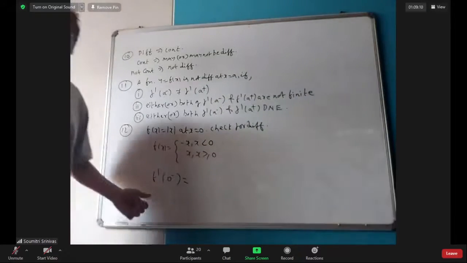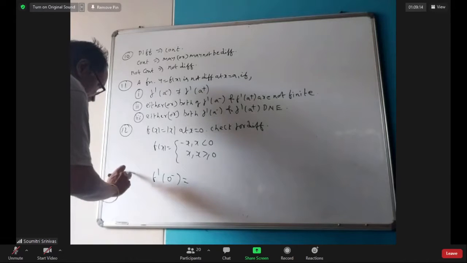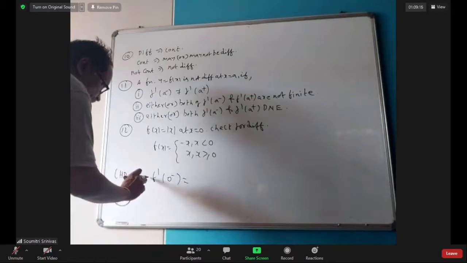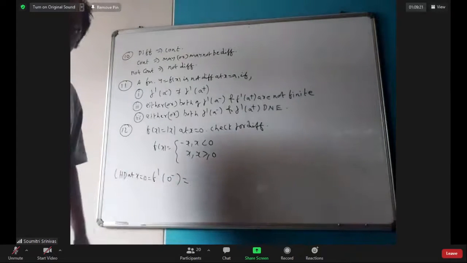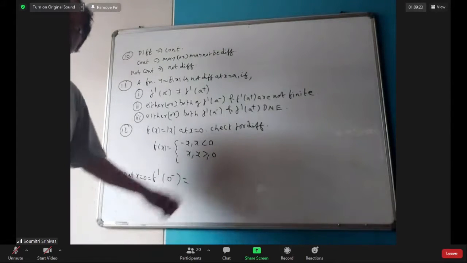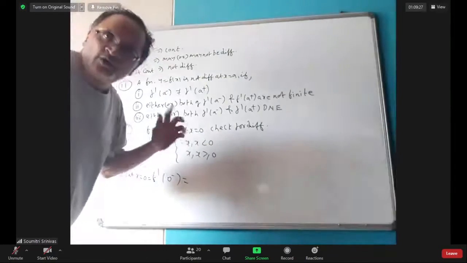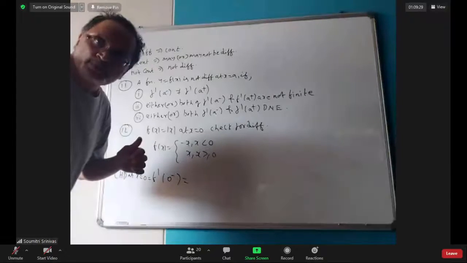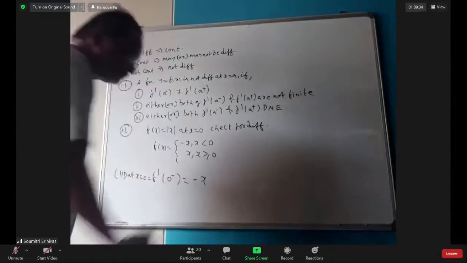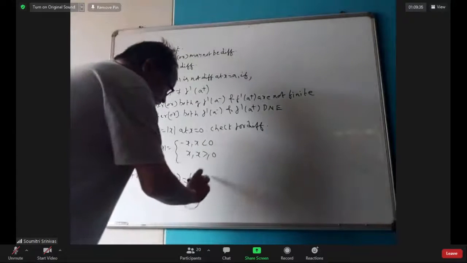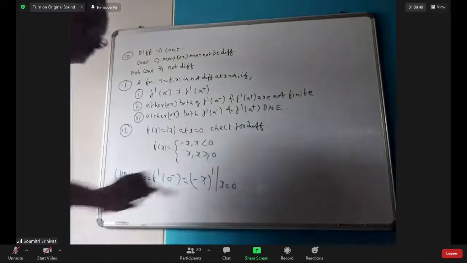This is the LHD. You are in the left neighborhood of 0, meaning less than 0. For less than 0, the function is defined as minus x. Differentiate this and put x equal to 0. What will come?